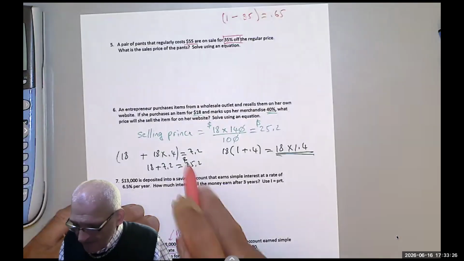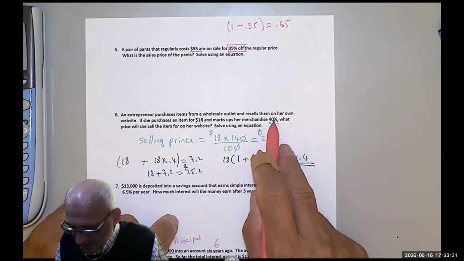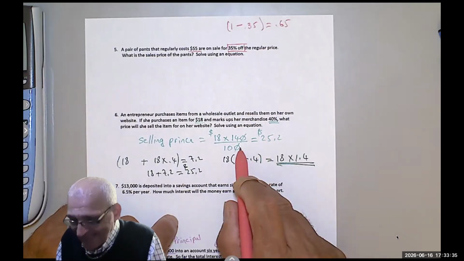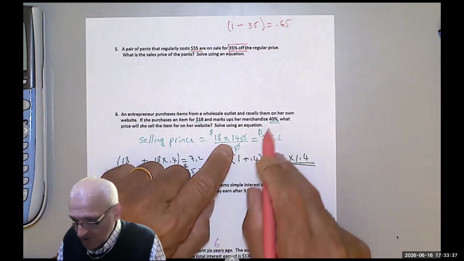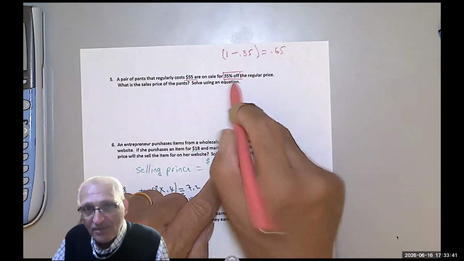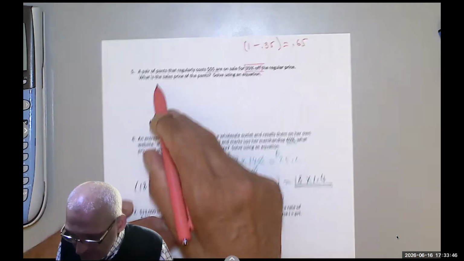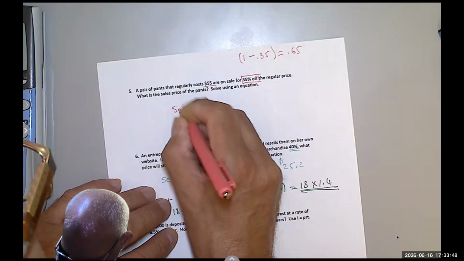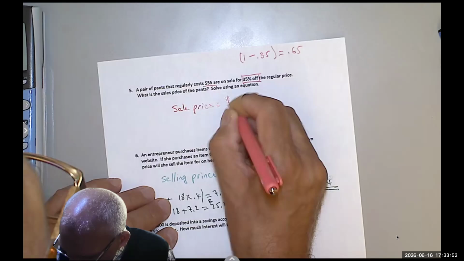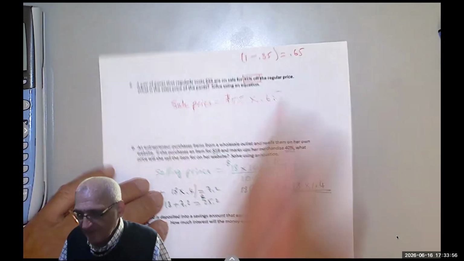So here I said 40% up, marks up 40%. So 140 over 100 or 1.4. I add the 0.4, which is the 40%. Here I subtract the 0.35 because it's marked down. But the idea is the same. What is the sale price? Sale price equals the 55, the original one, times 0.65.